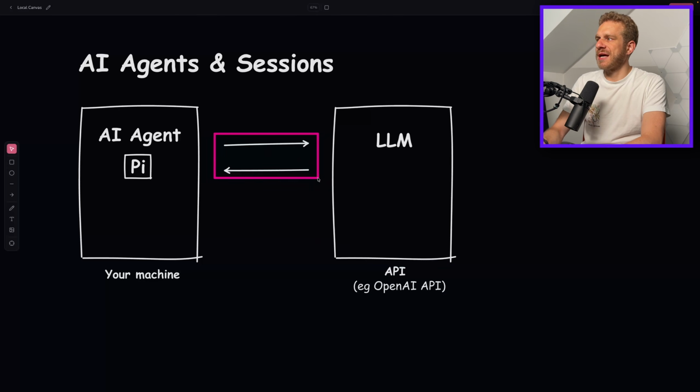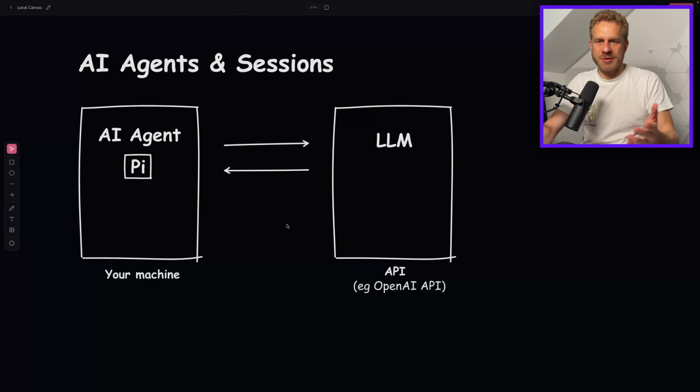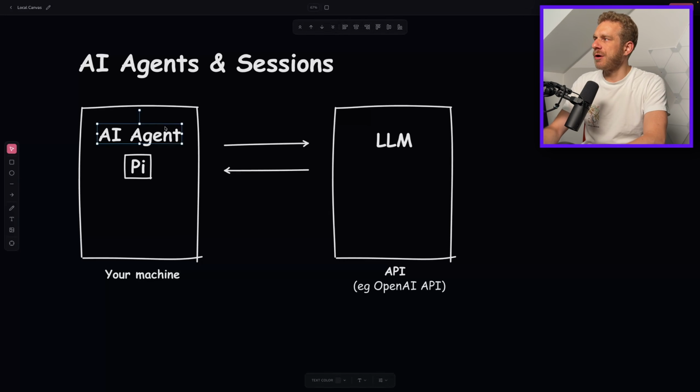So there is this communication between your machine and their server, and we've all seen this when their servers were overloaded and down again. And in order to have a real conversation and a session where the context builds up over time and the model can work its way through a problem by gathering more and more information and performing more and more steps, in order for that to happen, you need to manage the context of your session.